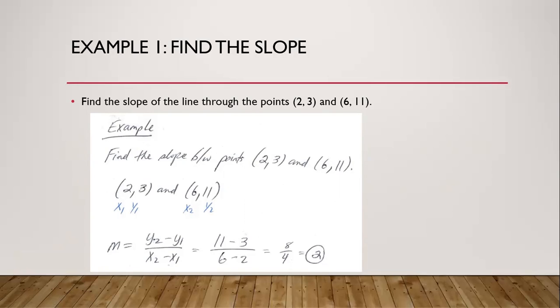Then we have (6, 11). (6, 11) is our second point, right? We have 2 points. The first point is (2, 3). The second point is (6, 11). But every point, every ordered pair, has an X and a Y. So presumably, we could just call it X2 and Y2 because it's the second X and the second Y. X2, Y2.